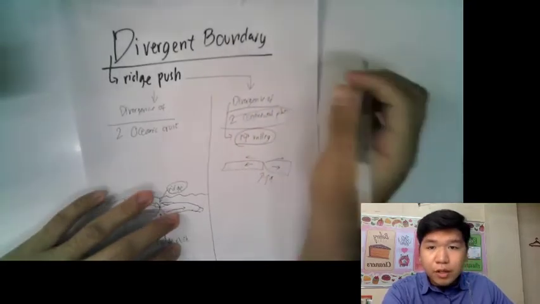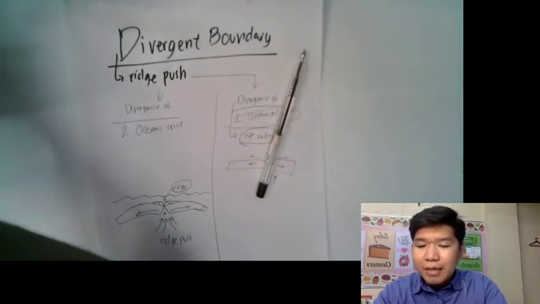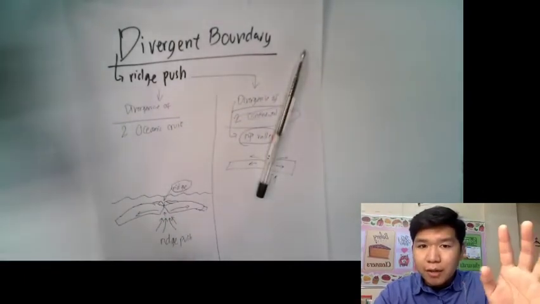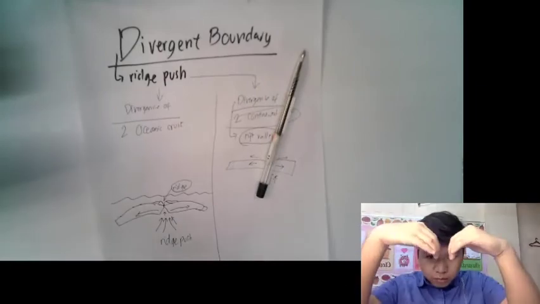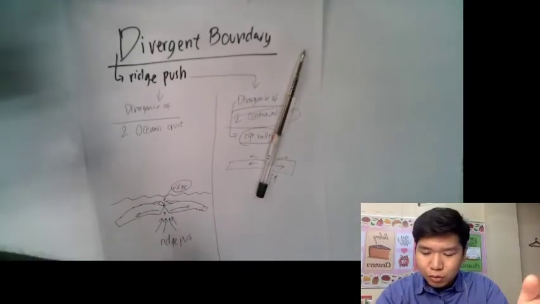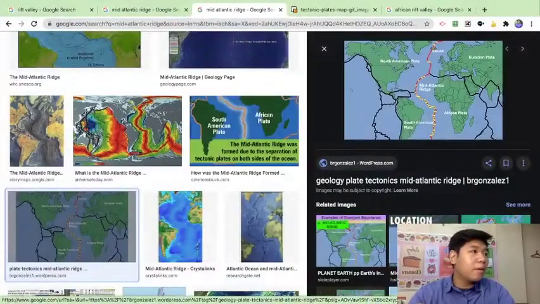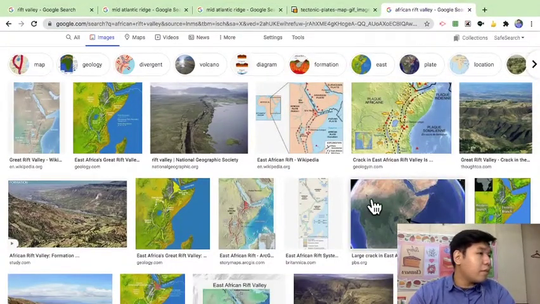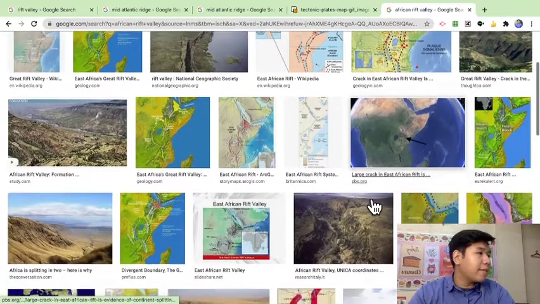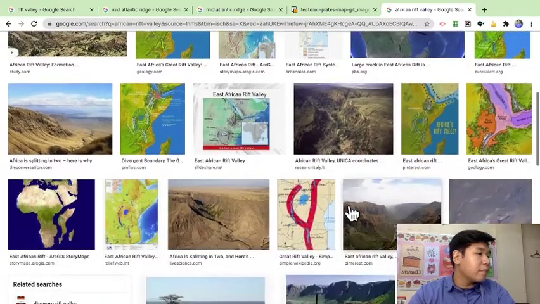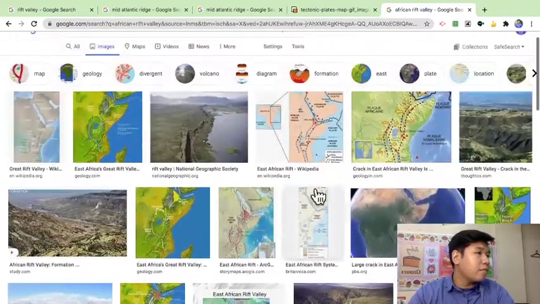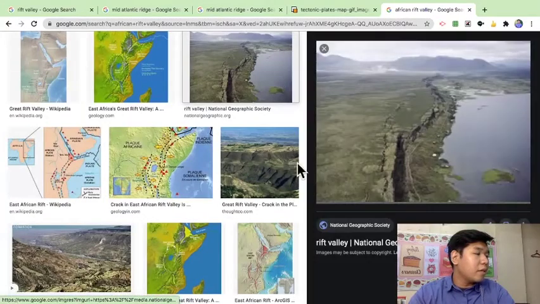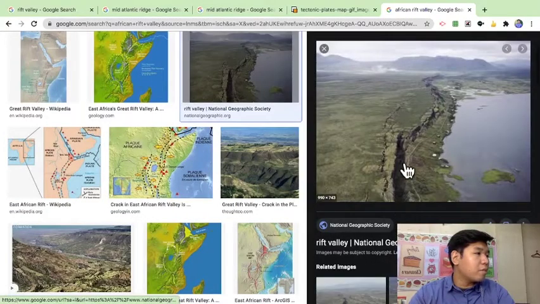There. Sir, how does a rift valley look? It's a valley, it looks like this, like two... I'll just show you the picture. A rift valley. This is a really famous rift valley because it is located in Africa. This is your African Rift Valley. Thank you to National Geographic for this picture.